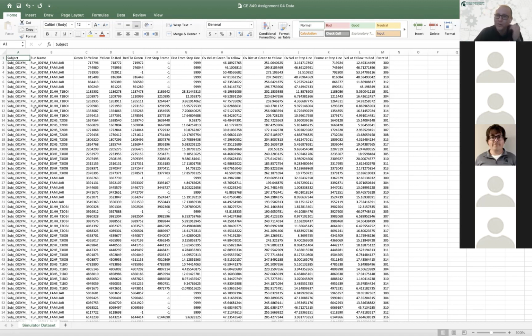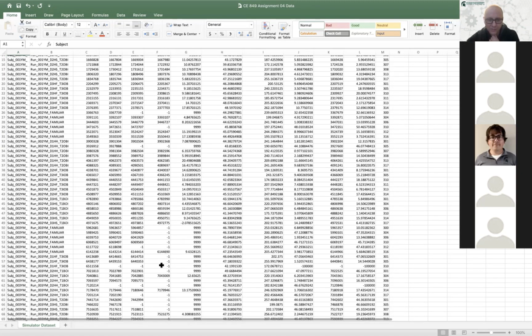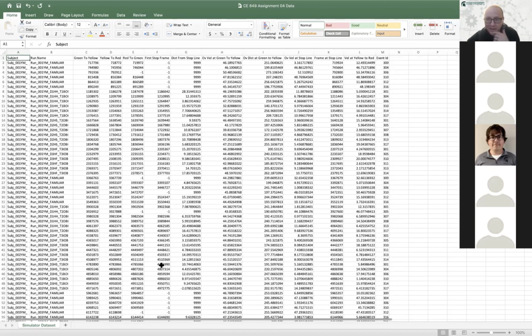I bring that up because it's somewhat related to what we see here. So when we talk about incomplete runs, presumably we're talking about cases where you see missing values like the -1s and the 9999s and these various other cases.